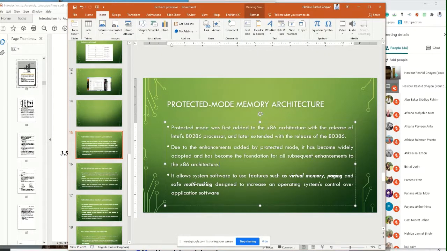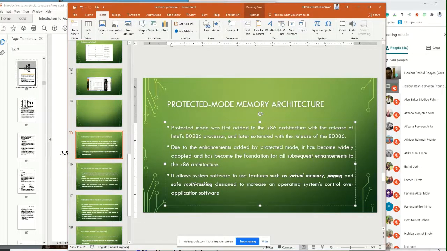especially the 32-bit processors, use the protected mode memory architecture because there are some new features on it. The first feature is virtual memory. We know what virtual memory is. Virtual means we don't have it physically, but we can assume that we actually have it. So we have virtual memory, we have paging, and we also have multitasking.